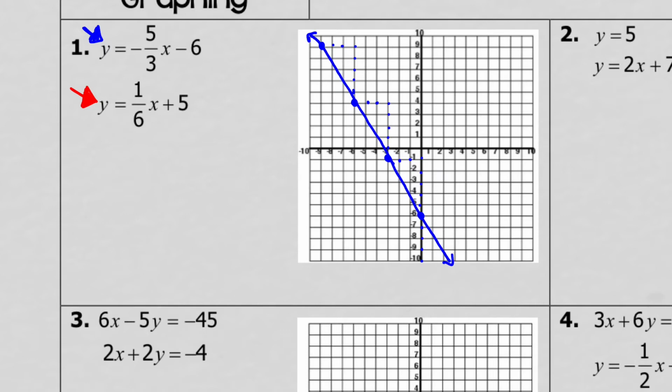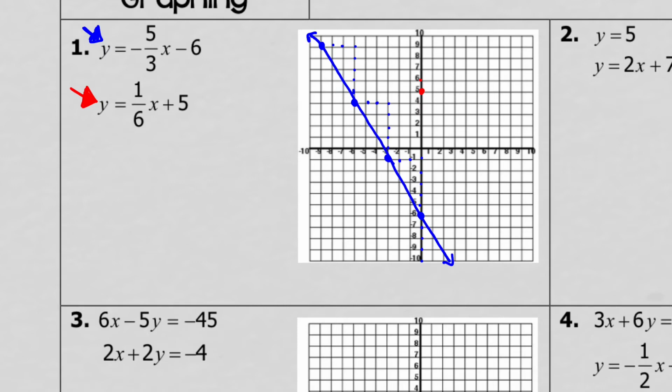How do I graph my second line? The red one, how do I graph it? Start at 5 on the y-axis. So now what do I do? Go up 1, number 6. Up 1 and to the right or left?